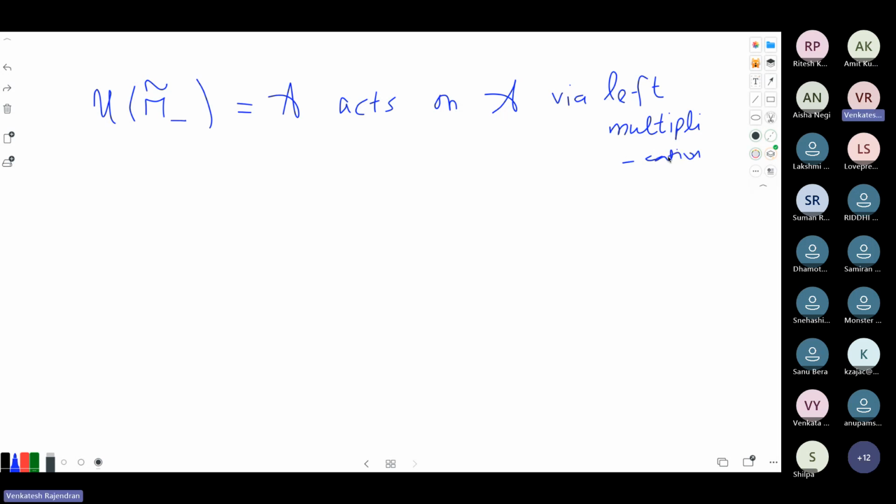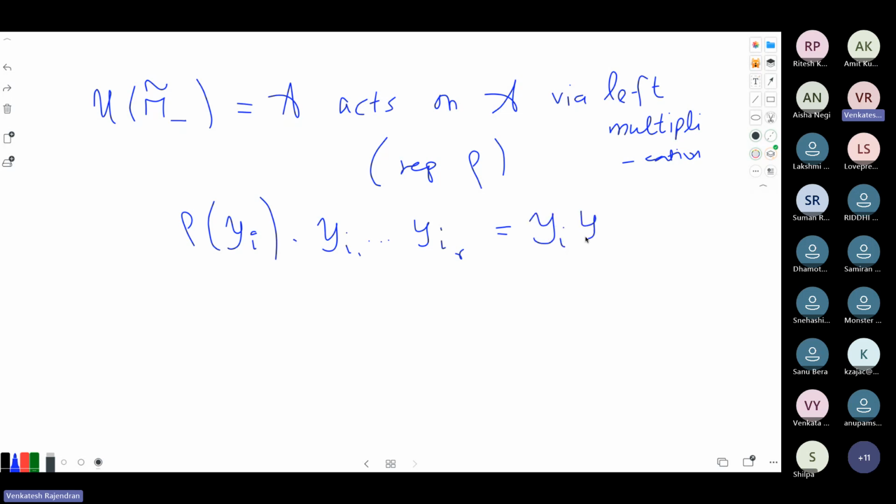So basically, if I consider this representation as rho, then rho of yi on y_{i1} etc. y_{ir} should be exactly yi times y_{i1} etc. y_{ir}.